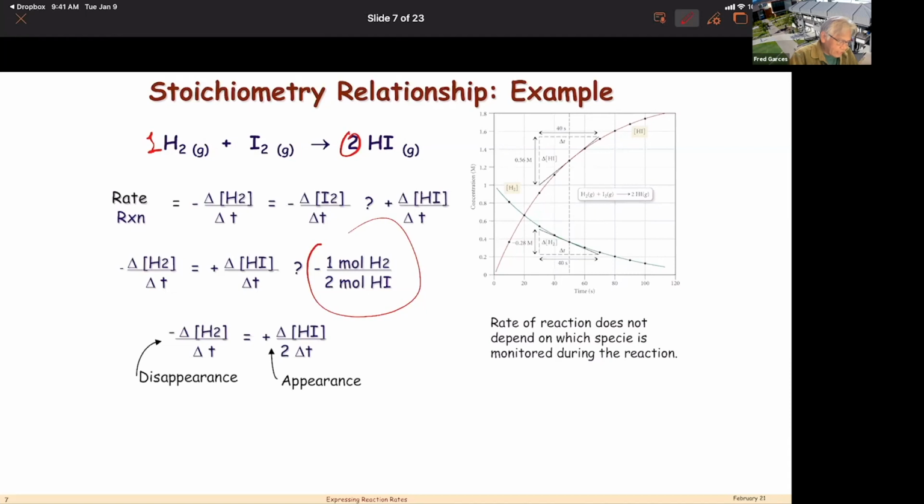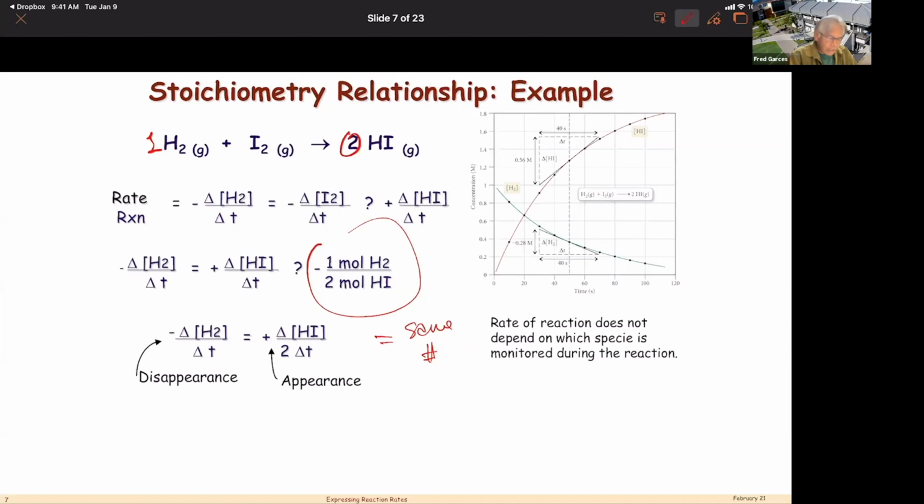What you can see is that one is negative, the other is positive, and it takes 1 disappearance of H2, if you want to make this the same number, to equal half the appearance of HI.